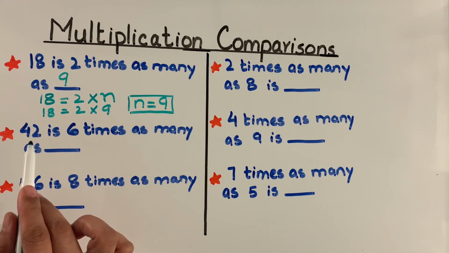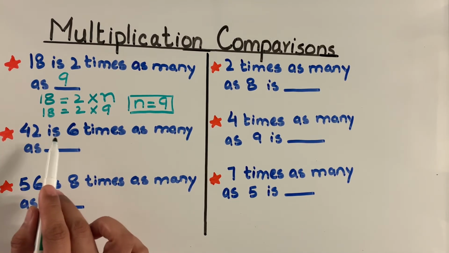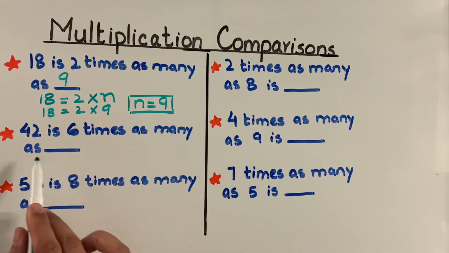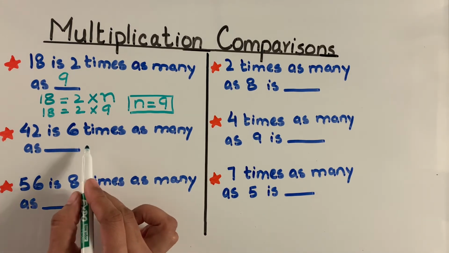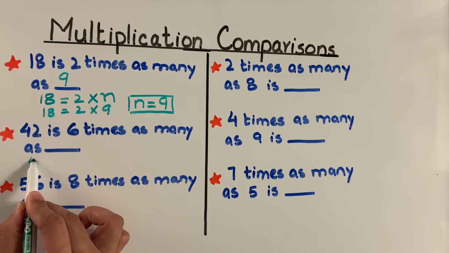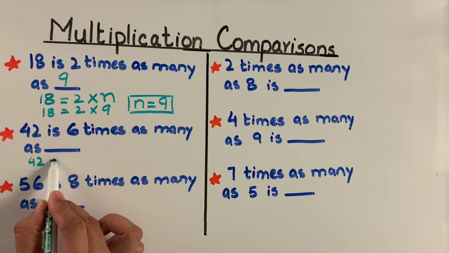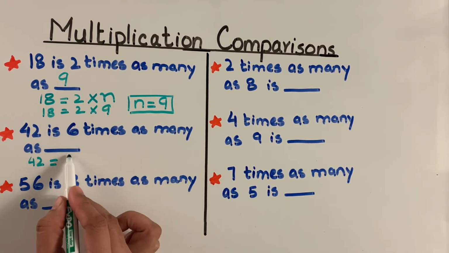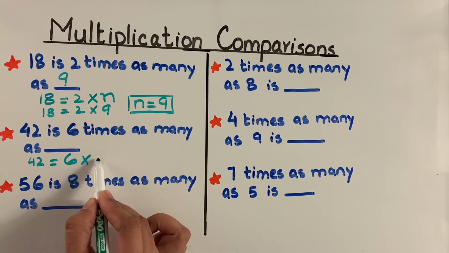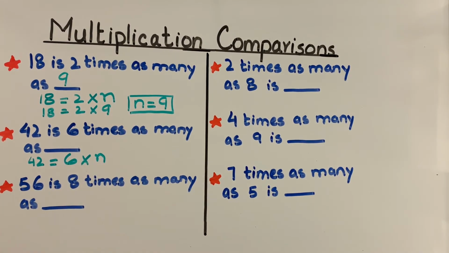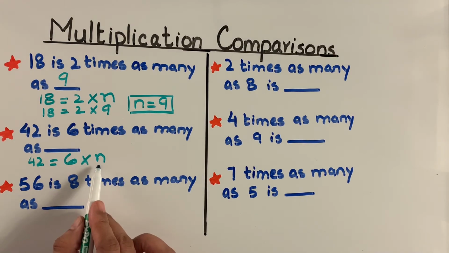Let's interpret the second statement. 42 is 6 times as many as blank. First we'll write it. 42 equals 6 times as many as blank, and I'm going to write n for this blank. What will be the value of this n?